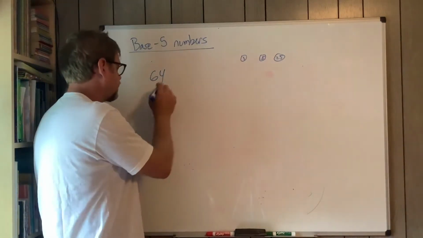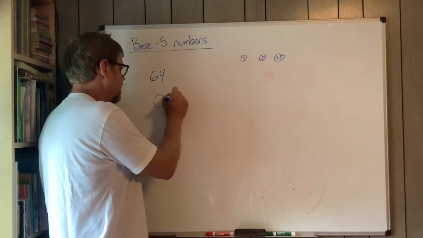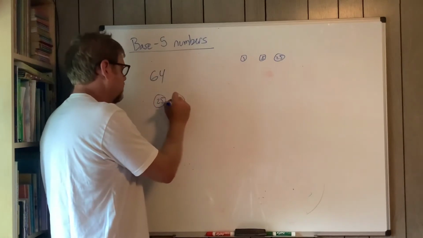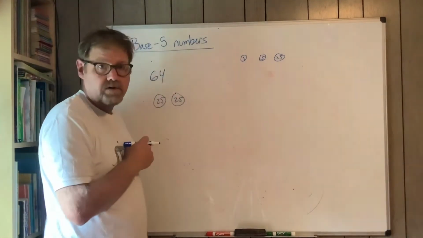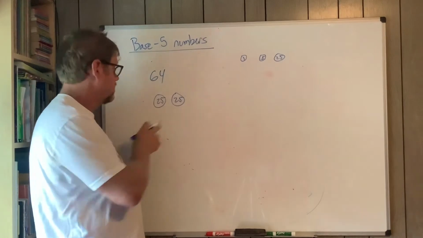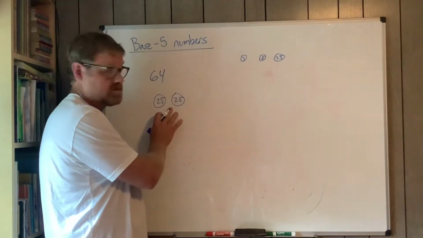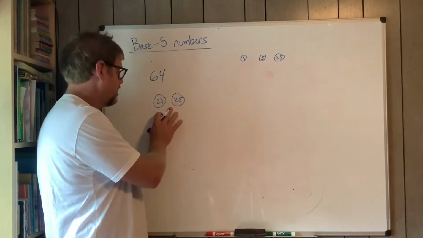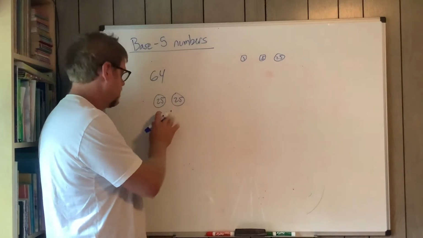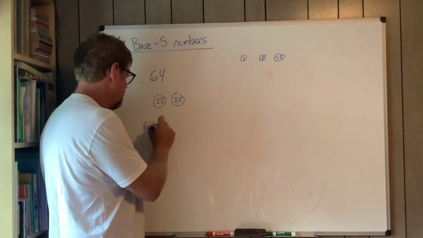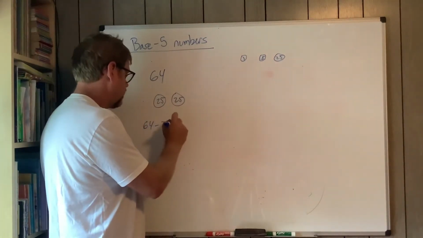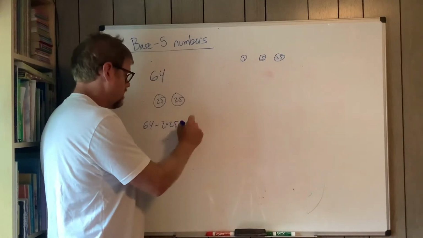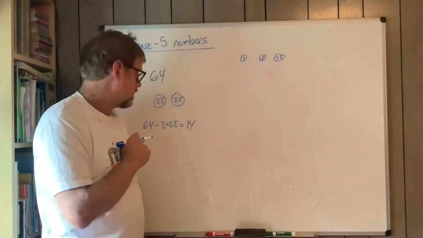First, I've got two 25s, that makes 50 cents, and I've got 14 left over. 64 minus 2 times 25 has 14 left over.